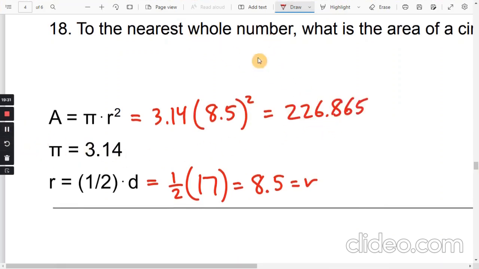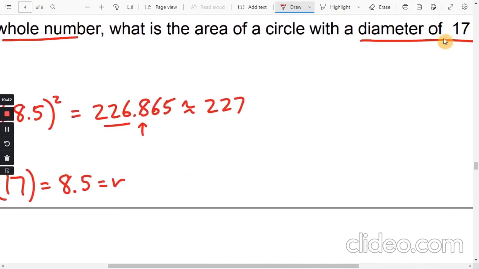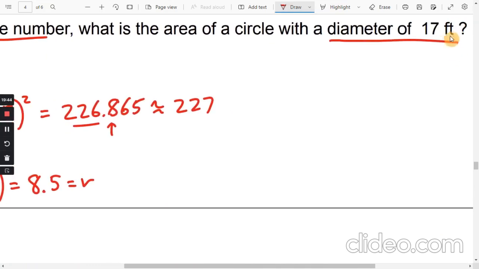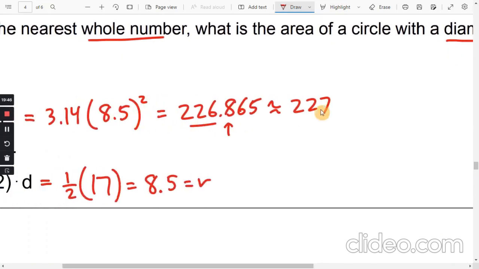Nearest whole number, you just look at the first decimal. If it's 5 or more, you round it up. So that's going to be 227. And the units were in feet. But when you square the radius, it becomes feet squared. Remember, area units are always squared.